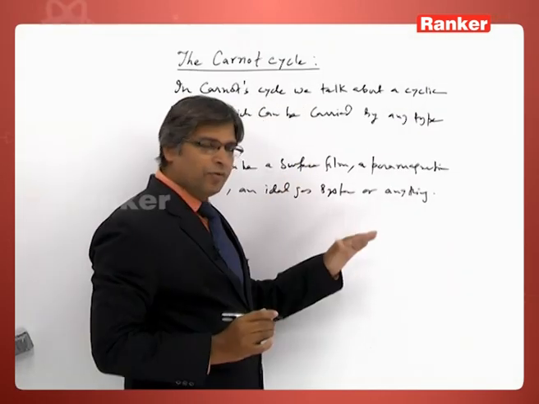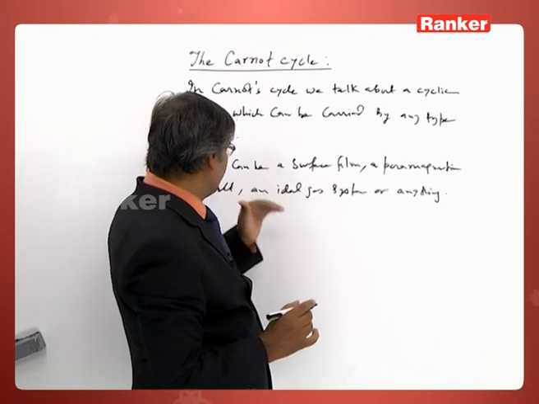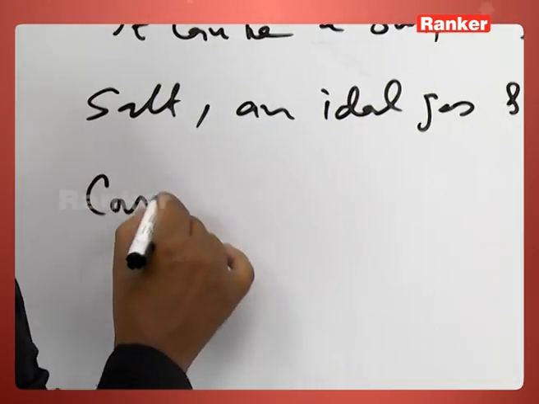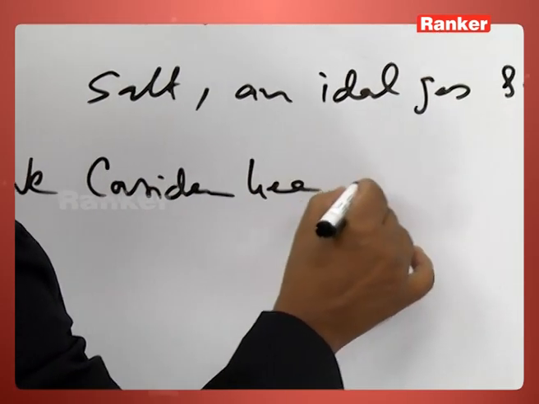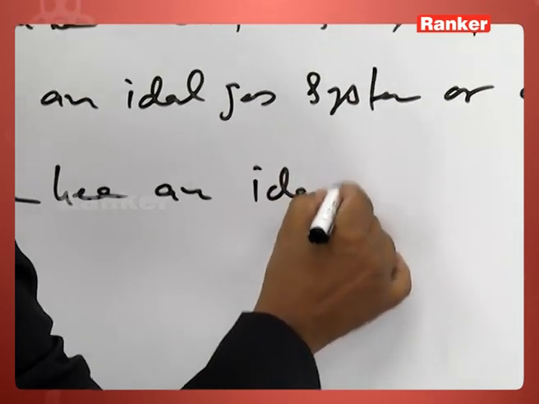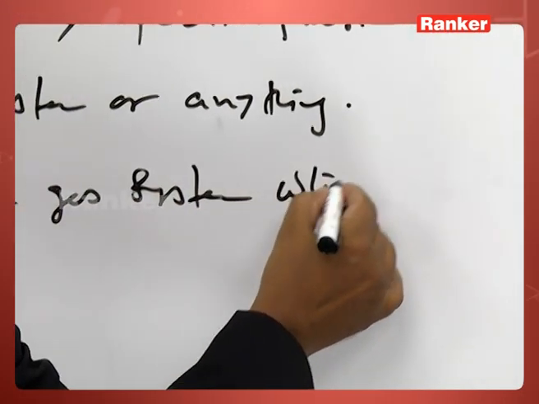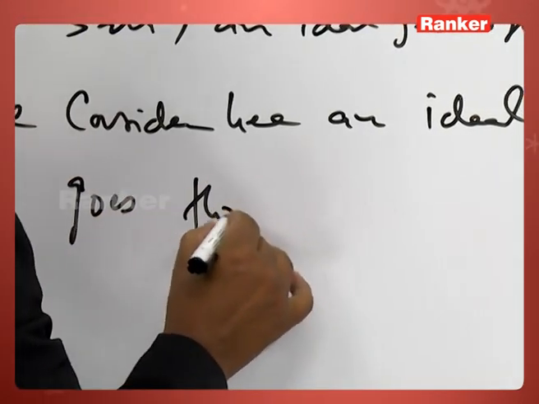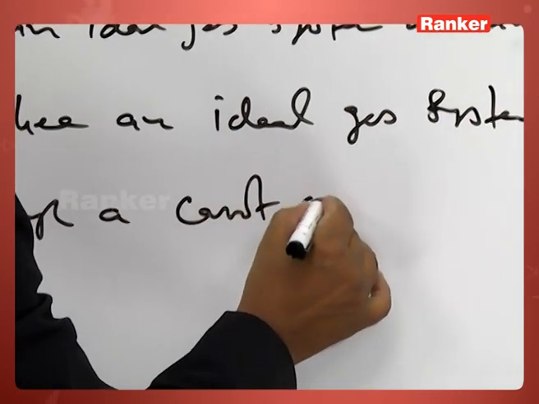But here we will concentrate on only one case, in which we take an ideal gas system. We consider here an ideal gas system which goes through a Carnot cycle.